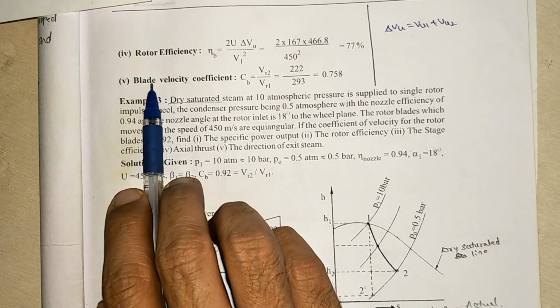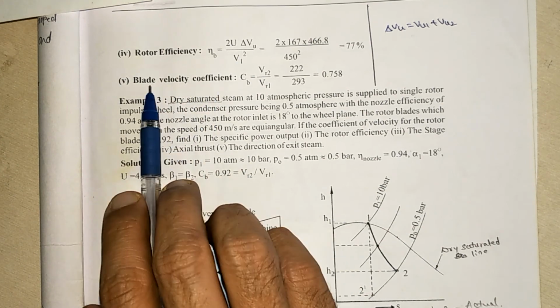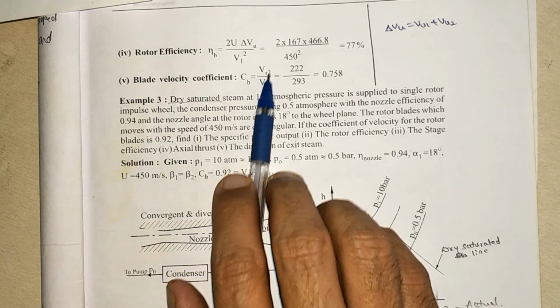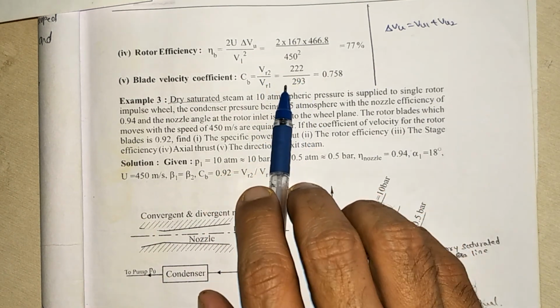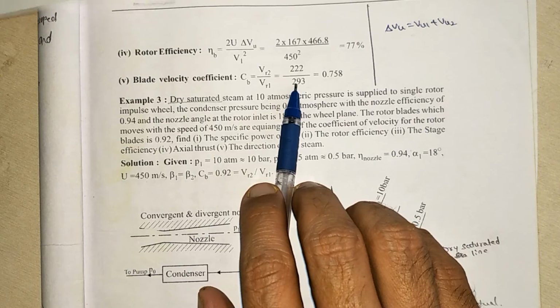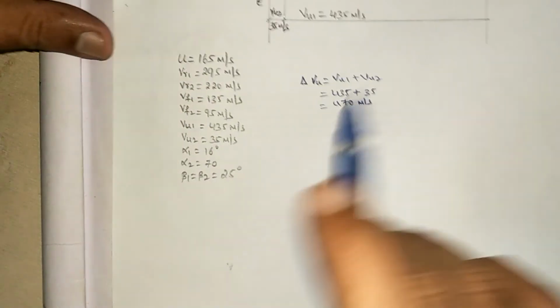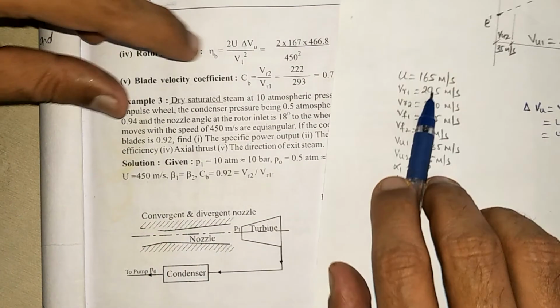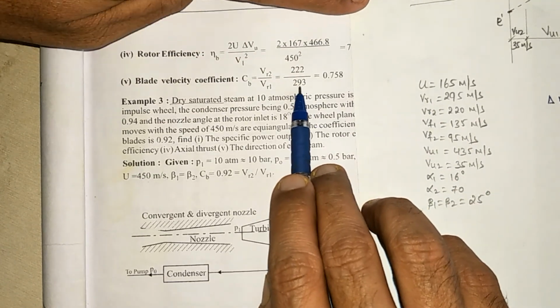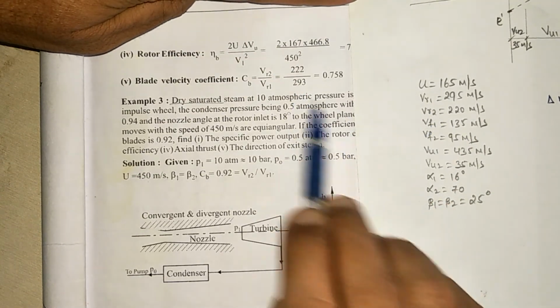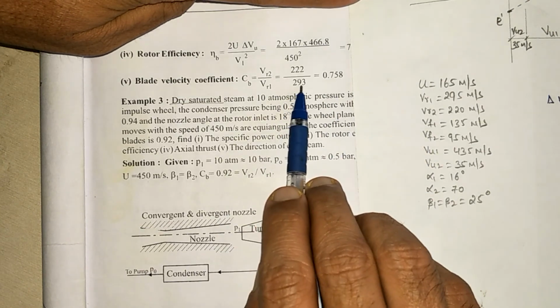So the last one is blade velocity coefficient. Blade velocity coefficient CB is equal to VR2 by VR1. The VR2 value is 222 and the VR1 value is 293 in the book. VR1 is what we have obtained as 295, as you can see here. 293 is the correct value.